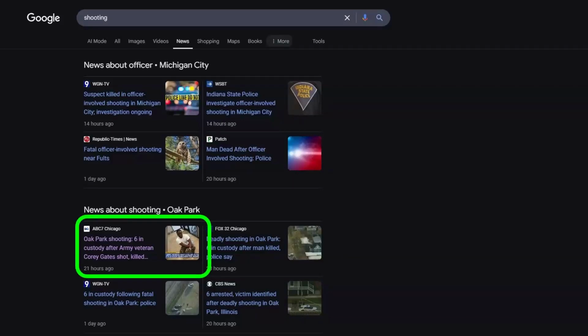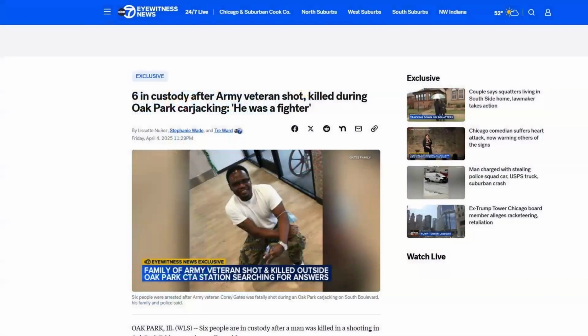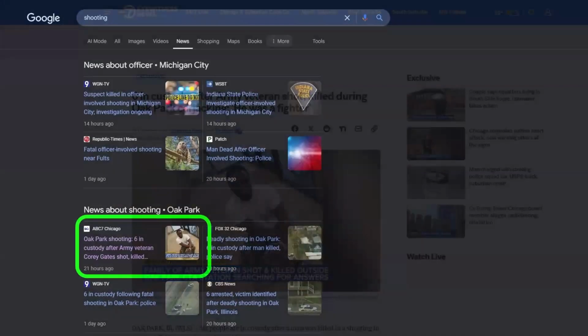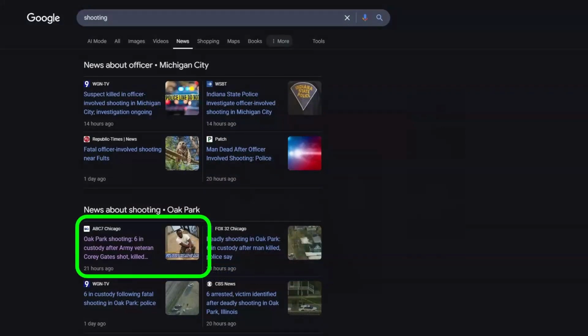I looked at the article for this, and it goes: 6 in custody after Army veteran shot, killed during Oak Park carjacking. He was a fighter. This is the person that was shot. This is not the criminal, not the shooter. This is actually the victim of that crime. But the association was already created because I was thinking about shooting and saw that particular black male picture in this news article. That association has been strengthened.